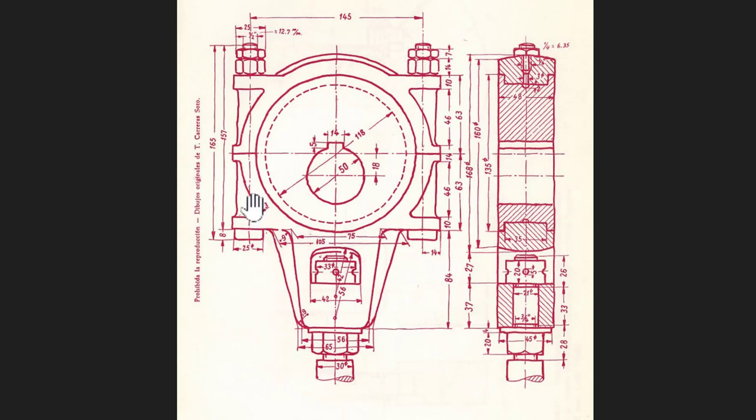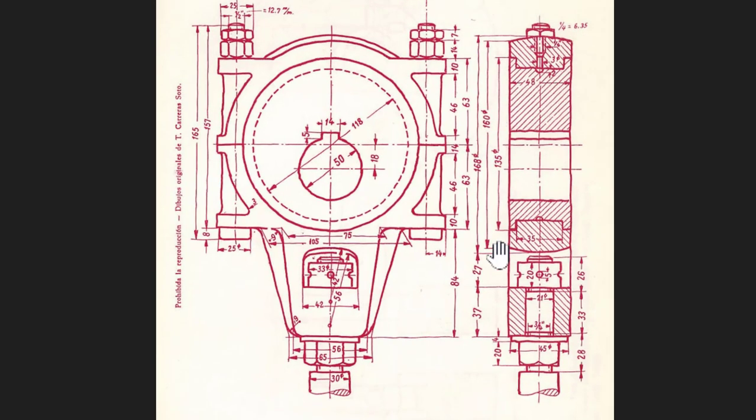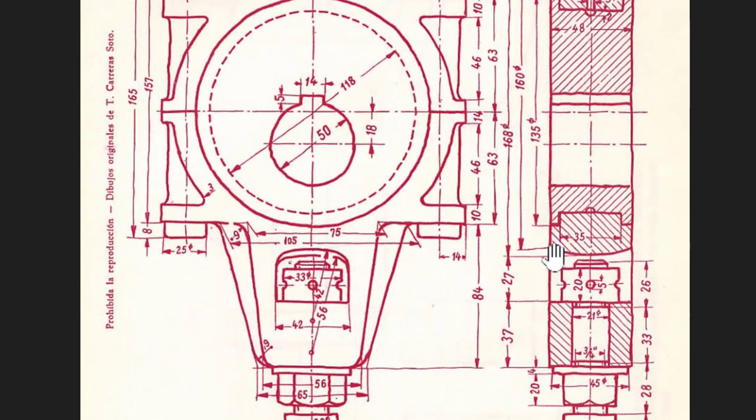part which has dimensions here. As you can see, there are two dimensions, very interesting, 160, 168. For these edges, this edge here and this maximum diameter here, instead of placing radius as a dimension.